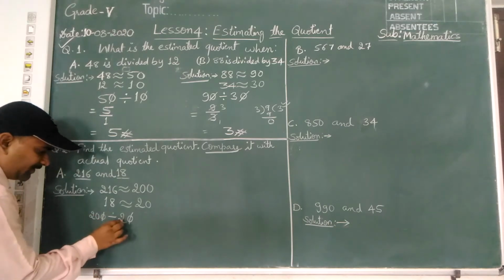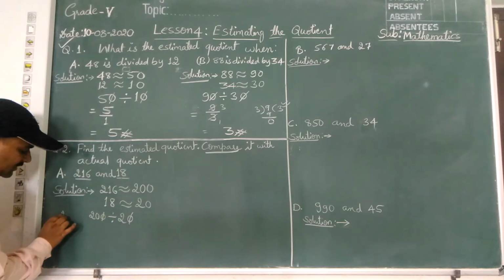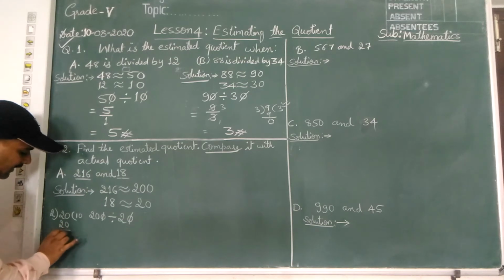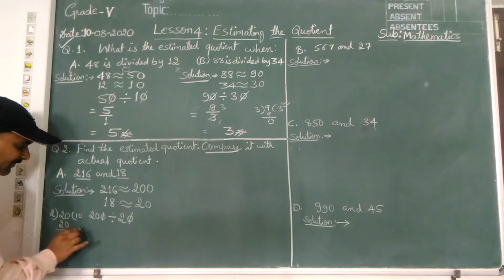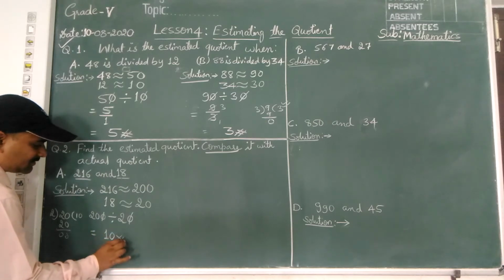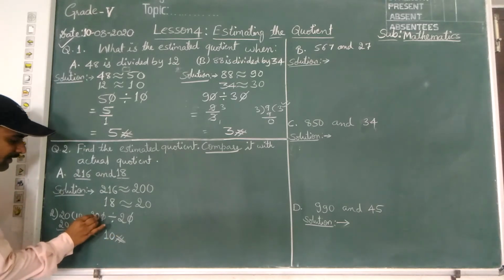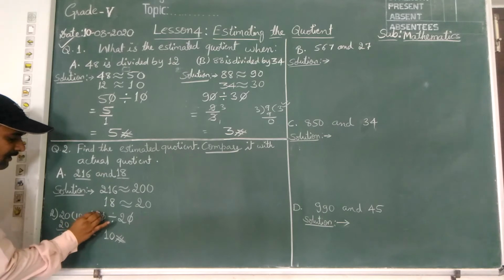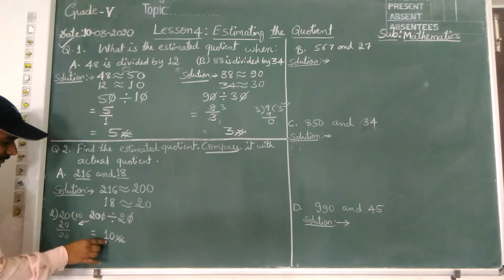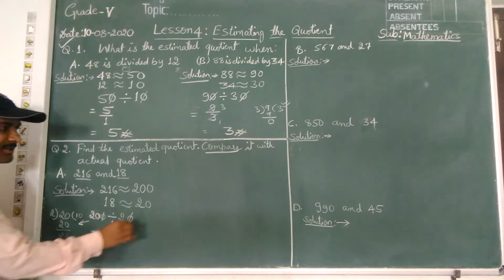So 20 divided by 2. Do it here, children. 20 divided by 2. 2 tens are 20. So the estimated quotient is 10. 20 divided by 2, done here. Got 10, the estimated quotient.